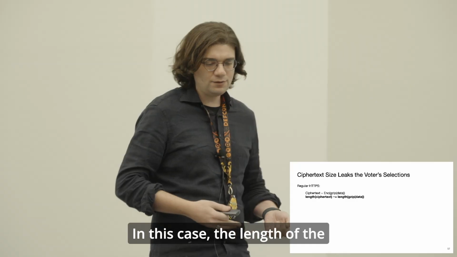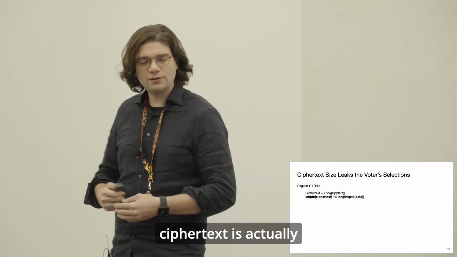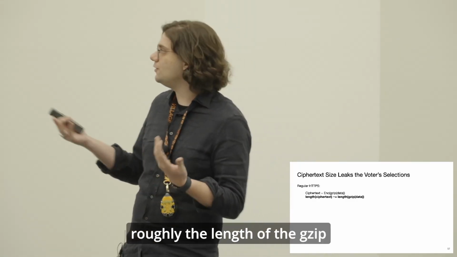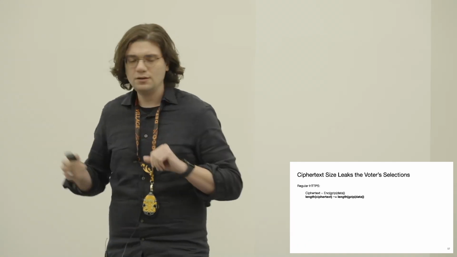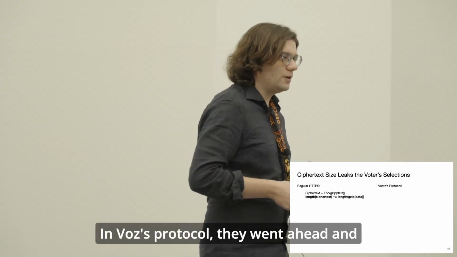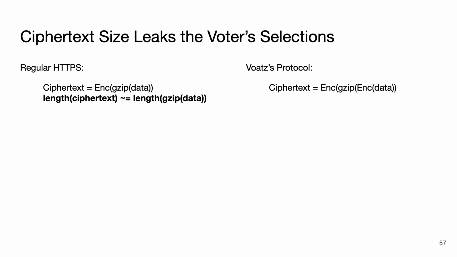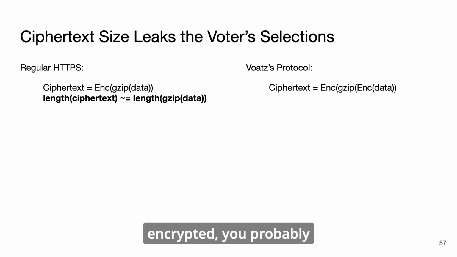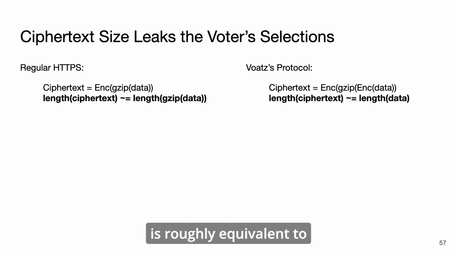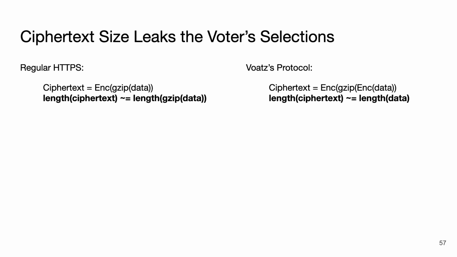In this case, the length of the ciphertext is roughly the length of the gzip data, so it's like the compressed length. In Votes' protocol, they went ahead and encrypted before compression can happen. And if you can compress something that's encrypted, you probably have broken the crypto, right? Which means that the length of the ciphertext is roughly equivalent to the length of the data.